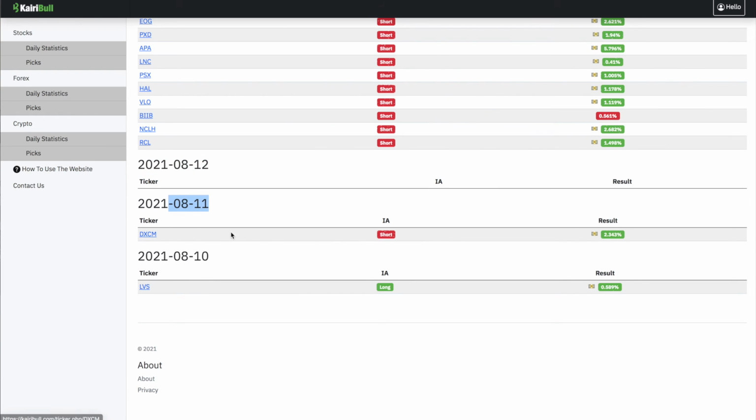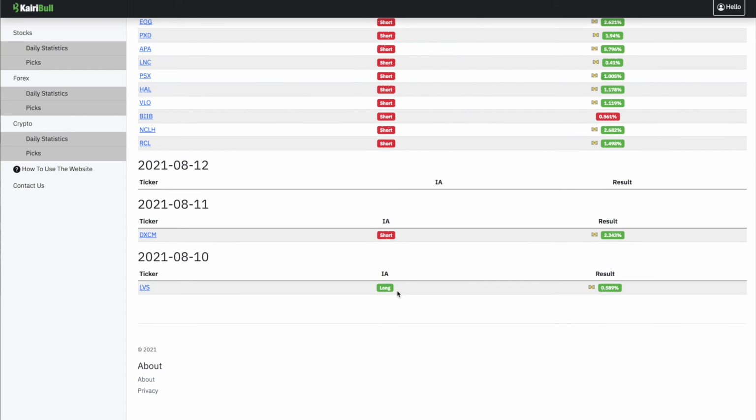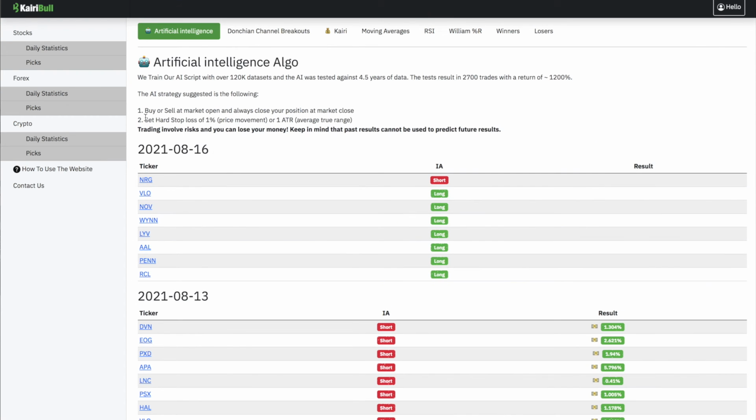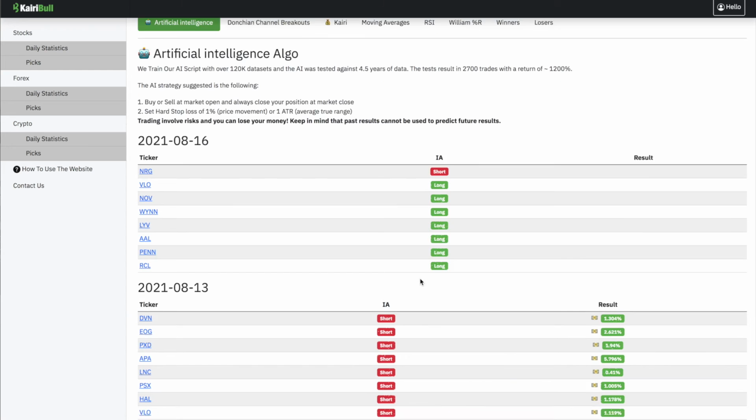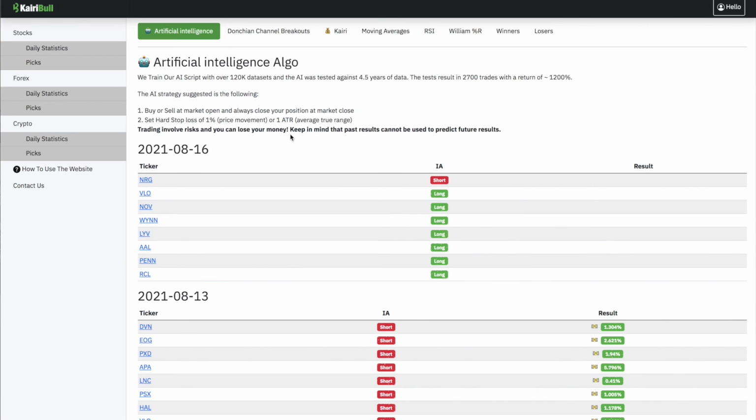And basically the AI is gonna tell us go short or go long. And of course you need to use a stop loss. So I've been testing this with a stop loss of 1%, or you can also use 1 ATR. And when I say 1%, it's 1% price movement, not 1% of your account, you understand?